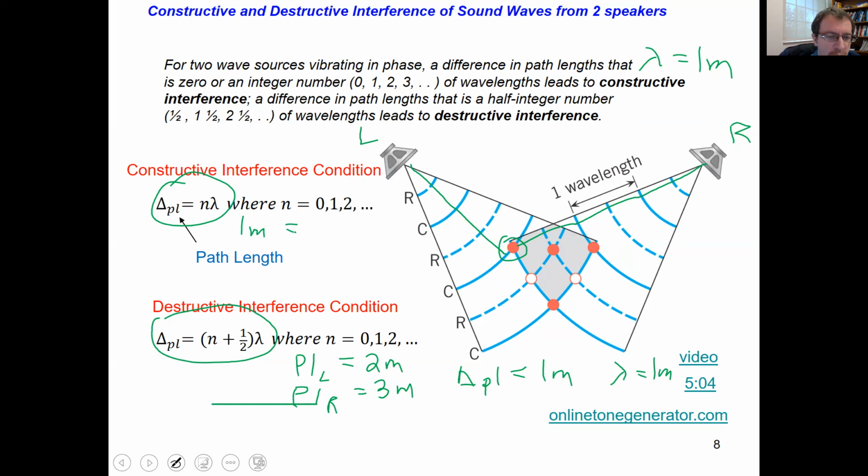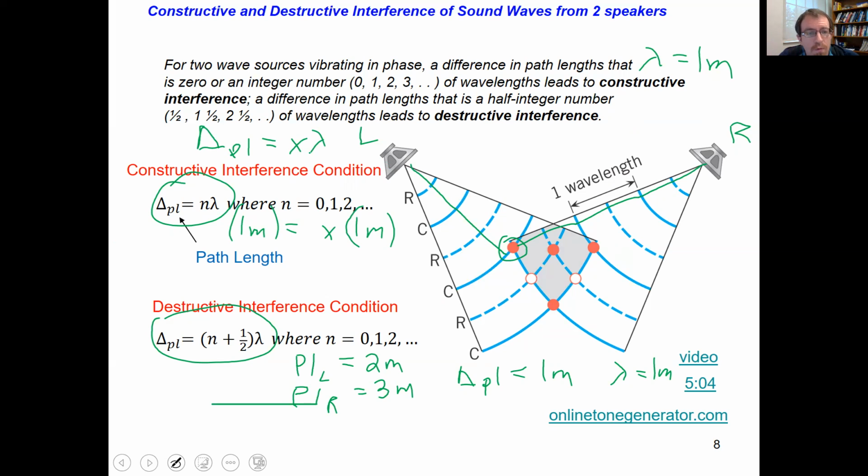So if I've got a path length difference of 1 meter, and I've got a wavelength of 1 meter, what I can do is try to figure out what multiplier I would get that would make this equation true. So delta PL is equal to X lambda. I could picture it like this. Delta PL is equal to X lambda. And I've stuck in 1 meter for my delta PL.